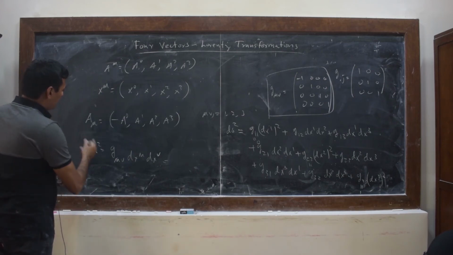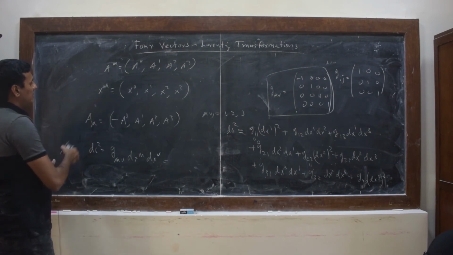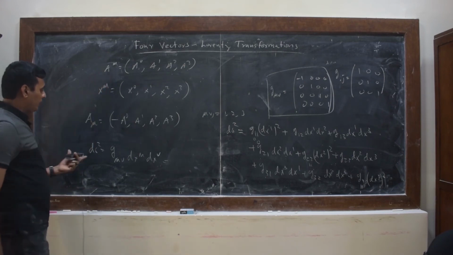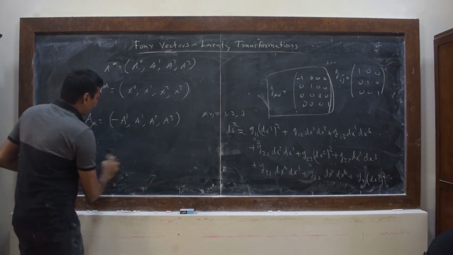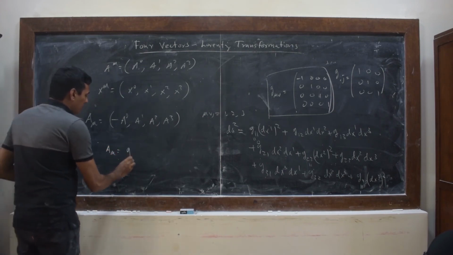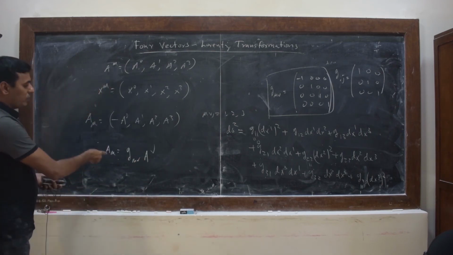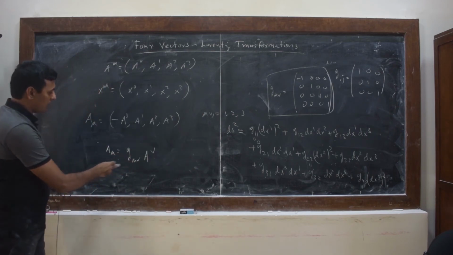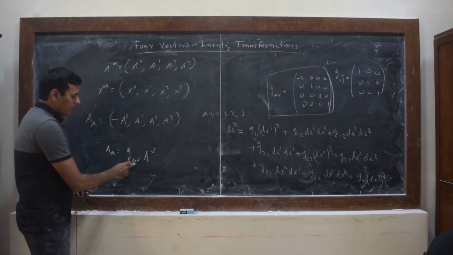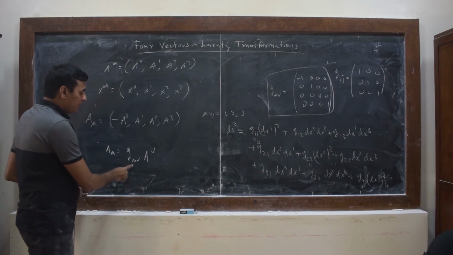So the point was that if you have the contravariant component of a vector, to get the covariant component you use A_μ = G_μν A^ν. Of course, there is an Einstein summation running over, and here μ and ν run from 0 to 3.